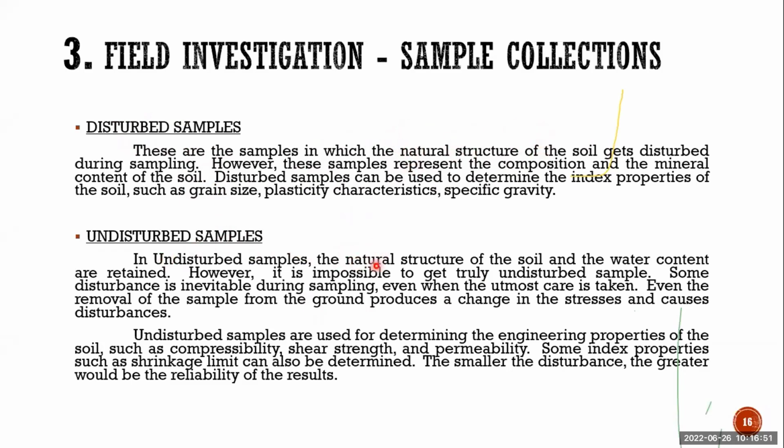That's why it is called an undisturbed sample. Of course, some little disturbance will be there for sure, but it will be very minimal. In the undisturbed sample, the water content will be preserved. But in the disturbed sample, if it is left for 2 or 3 days, the water content will not be the same.